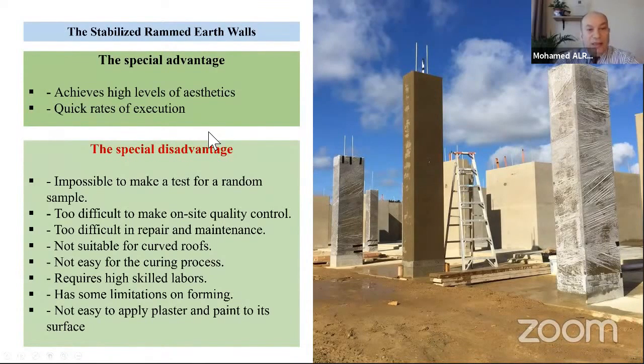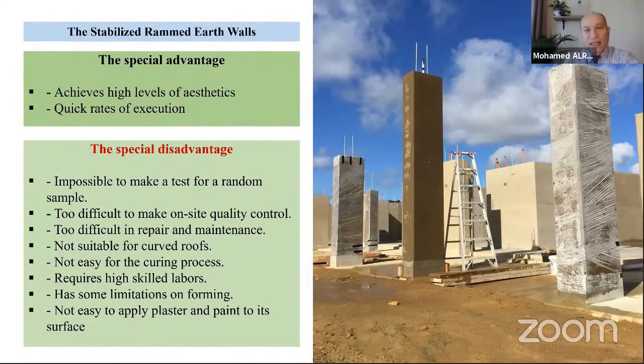You cannot control how much it is compacted, how homogeneous the material is, and so on. And it is not suitable for curved roofs. Remember what I told you in the beginning: if you would like to reach the maximum cost effectiveness and the maximum reduction of cost, you have to use a monolithic material. You have to use the earthen material within the roofing system, also roofing elements.